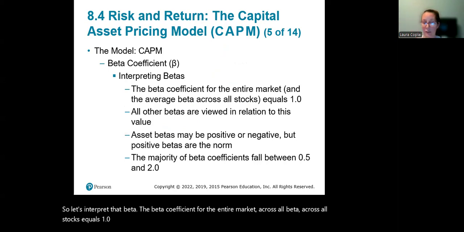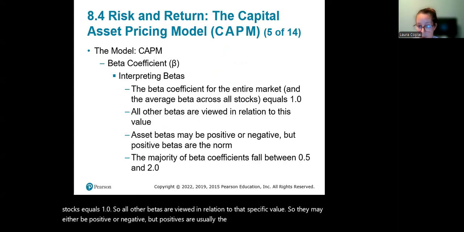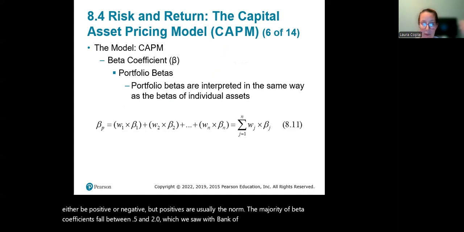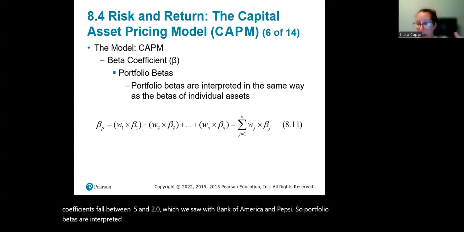So all other betas are viewed in relation to that specific value. They may either be positive or negative, but positives are usually the norm. The majority of beta coefficients fall between 0.5 and 2.0, which we saw with Bank of America and Pepsi. Portfolio betas are interpreted in the same way as the betas of individual assets. We are just summarizing everything.